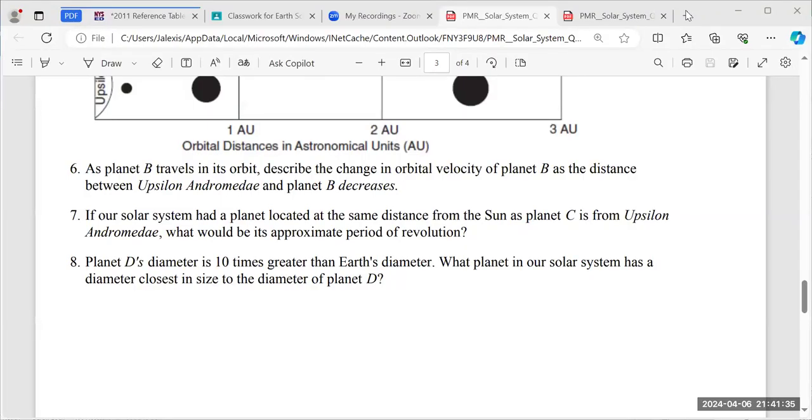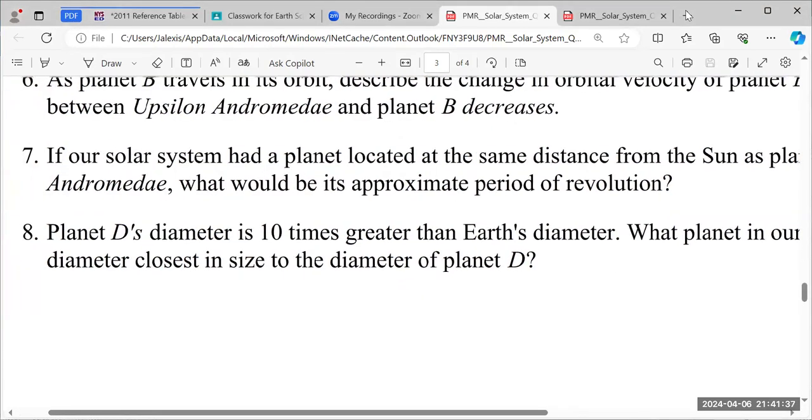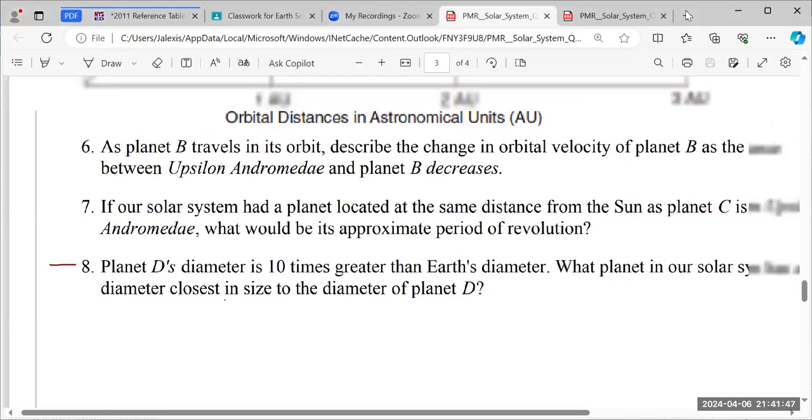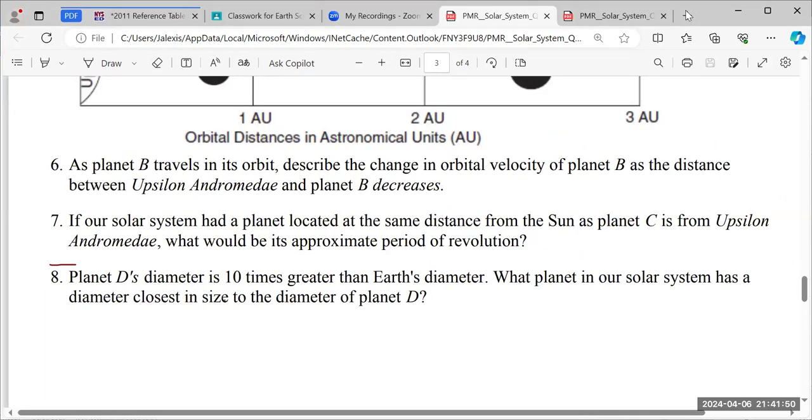All right, number 8. Number 8 says planet D's diameter is 10 times greater than Earth's diameter. What planet in our solar system has a diameter closest in size to the diameter of planet D?